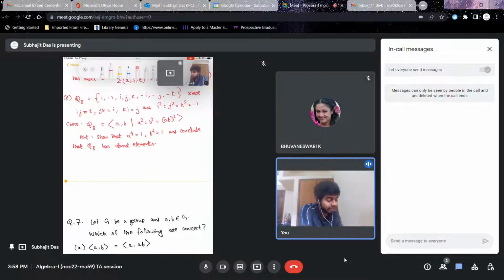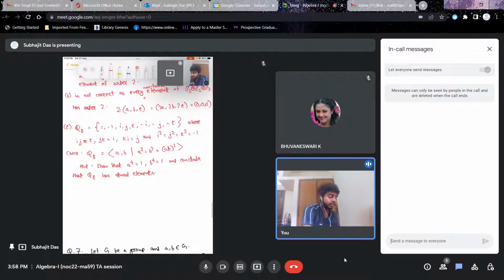So the point is, we know these relations, whatever Q8 consists of. So we certainly know that since i square is equal to j square equal to k square equal to minus 1, i, j and k, and hence minus i, minus j and minus k, all have order 4, right? That is, you have to square once more to arrive at 1. Now minus 1 square is certainly 1.